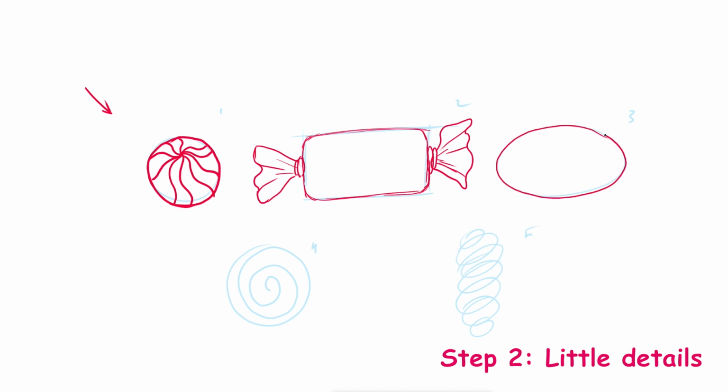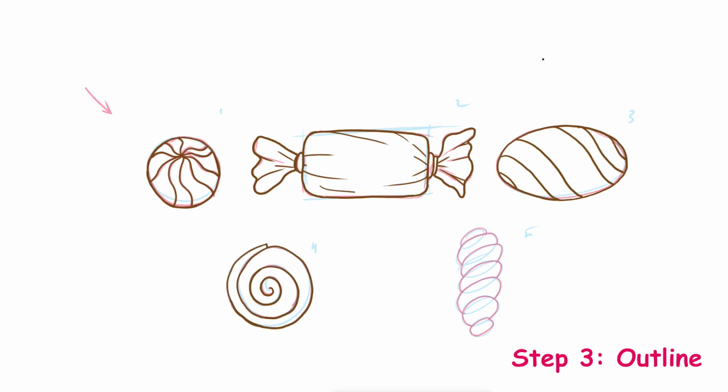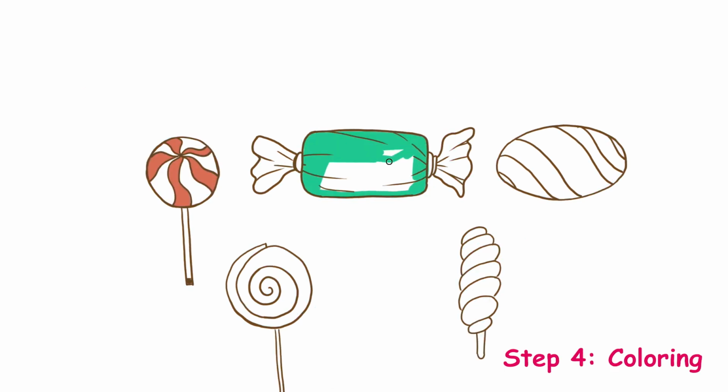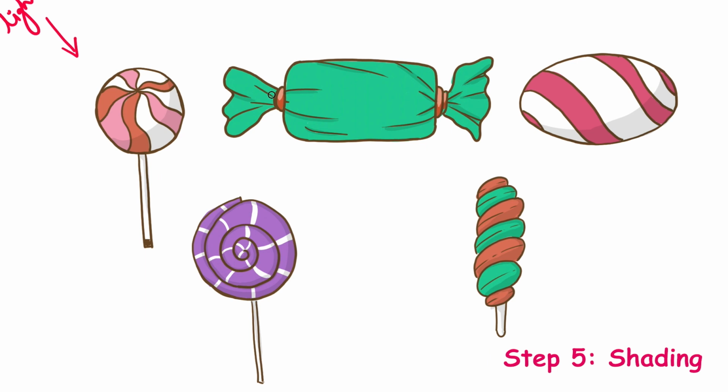We add a little more detail in this step. And then outline. Once we are done with the outline, we apply the colors. And then shading. Ta-da! Our sweet candy is ready.